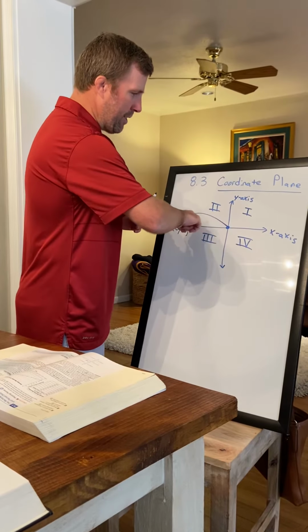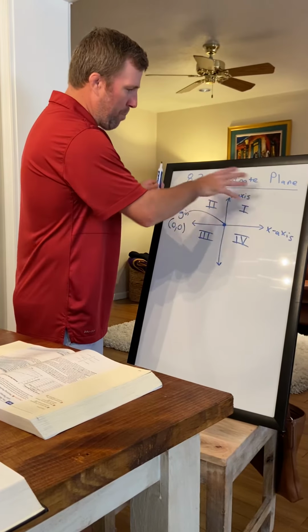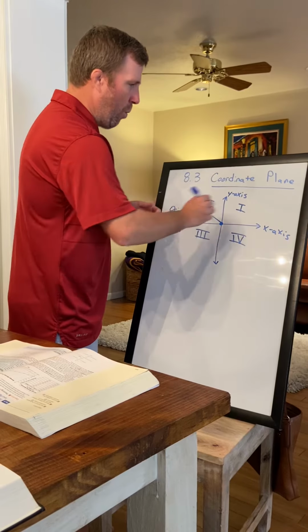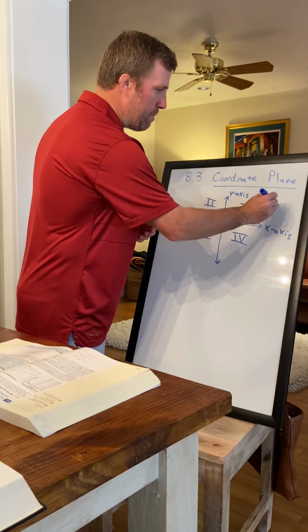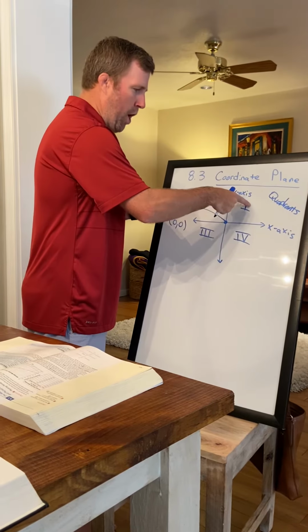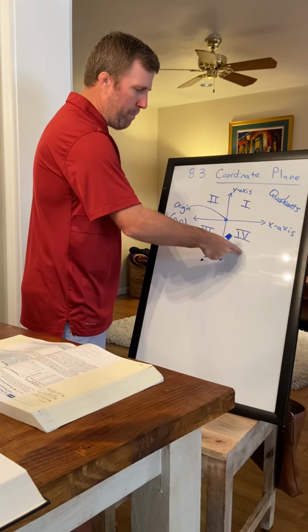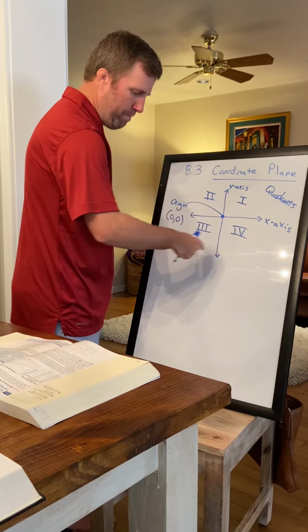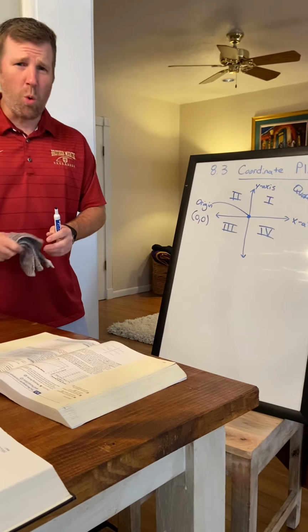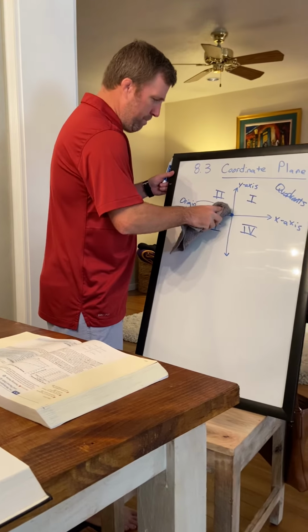The y-axis, the x-axis, the point where it intersects is the origin, and it's separated into four separate, what we call quadrants. This will always be quad 1, this will always be quad 2, this will always be quad 3, this will always be quad 4.